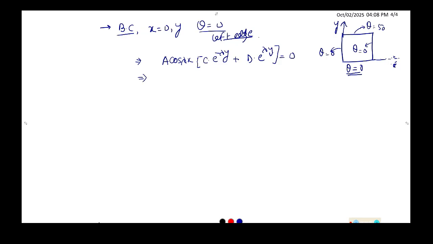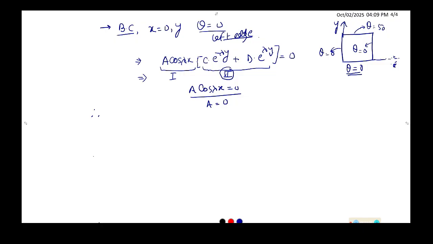Therefore, either the first term has to be 0 or the second term has to be 0. This second term can't be 0 because theta will become 0 for all values of y. Therefore, a cos lambda x is 0, and in this case a will become 0.